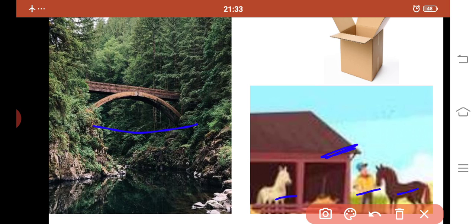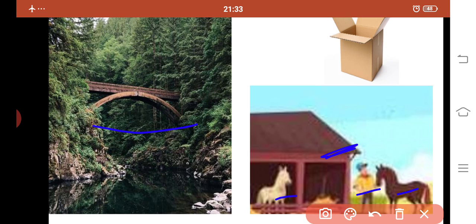Then we are going to see about adjectives. Already we learned about adjectives in the previous classes. What is an adjective? An adjective is a describing word. It is describing a noun. When we are describing a noun, that word is called an adjective.